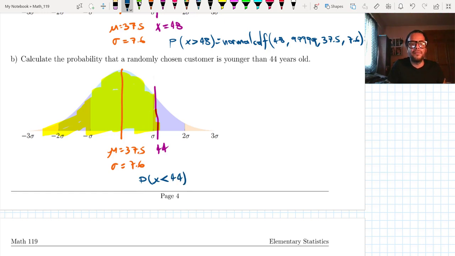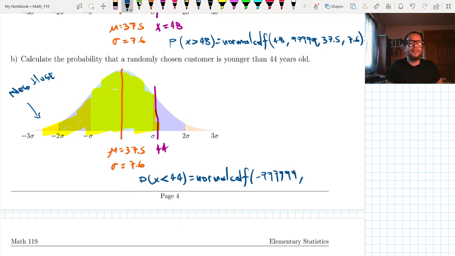Okay, less than 44, that is normalcdf of, start with a negative huge number like negative 99999, comma, bigger, which is 44, and then the parameters mu and sigma, 37.5 and 7.6.